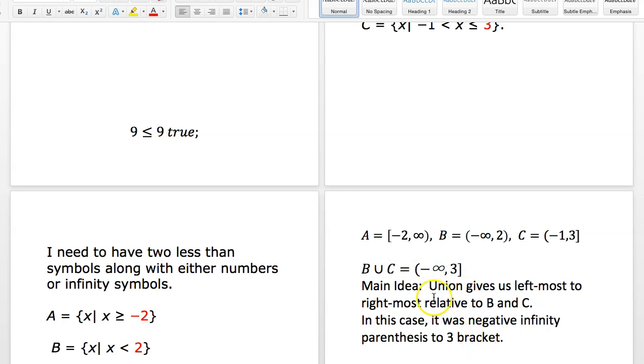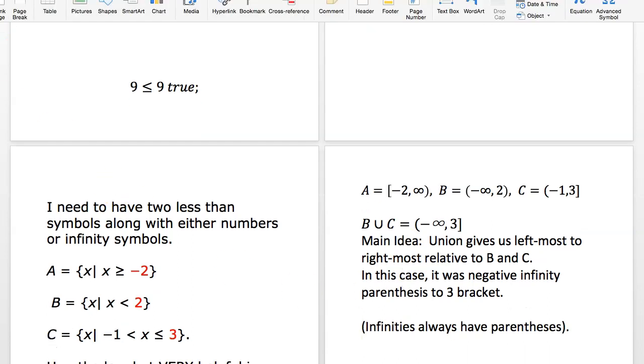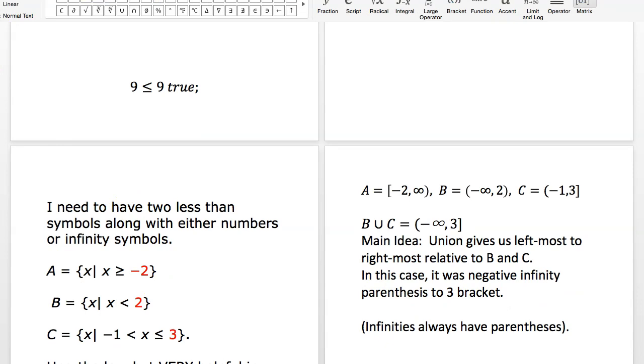Okay, so we have our union, and that's nice. Now, what about intersection? What if I wanted to do intersection? What about B cap C, the intersection?